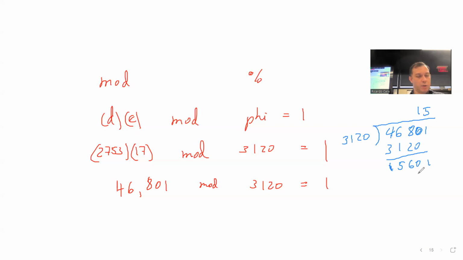So 5 times 3120 gives you 15600, and then the difference is 1. Do you guys see that? And that 1 is the remainder. That's it. This is what we're doing. I'm not going to make you do this by hand, except for some exercises, but in code, this will need some kind of function that does this. Does that make sense? So that's the modulus operation and what we're looking at there.